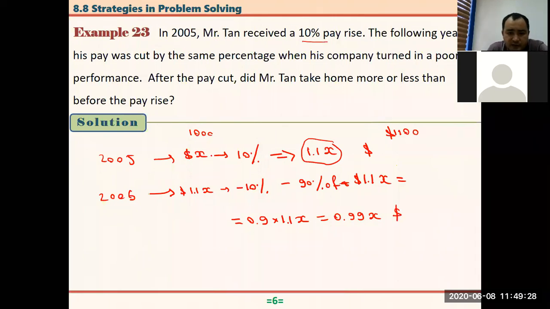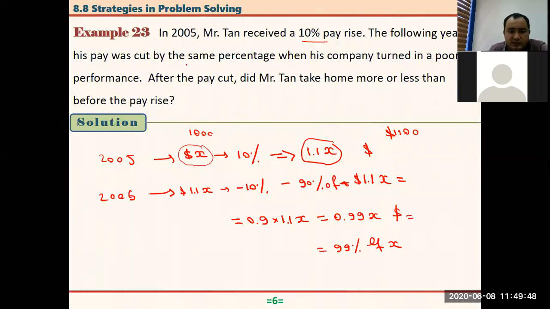Here, at the beginning, his salary was X dollars, right? But now he's getting 0.99x. What does it mean? This 0.99x means 99% of X. Actually here, after these two changes, comparing to his original salary, right?